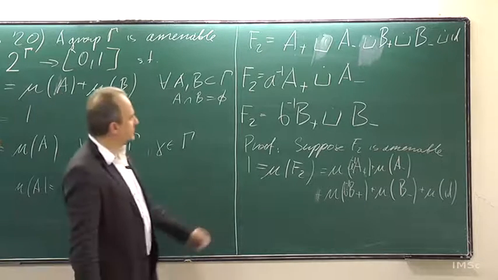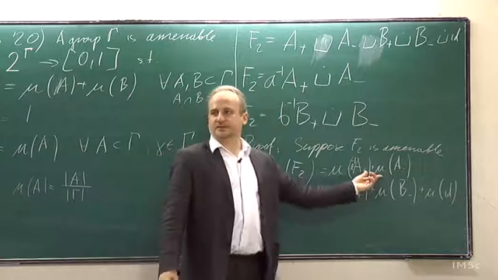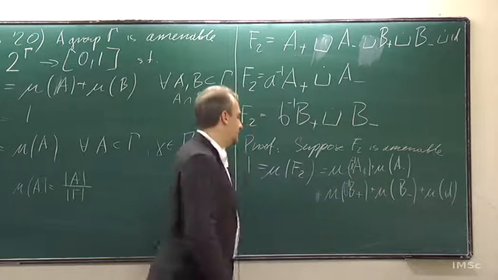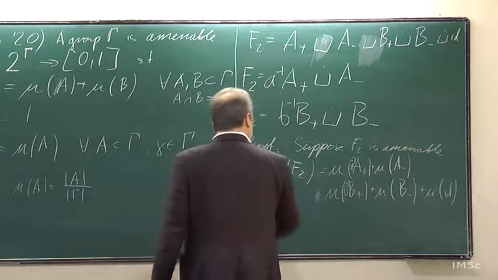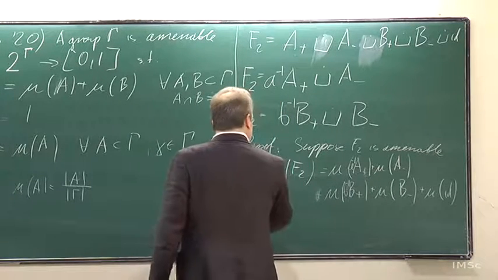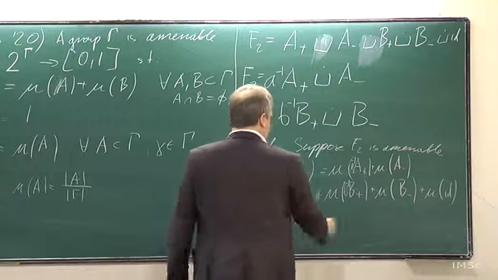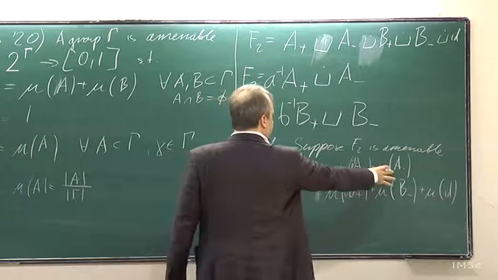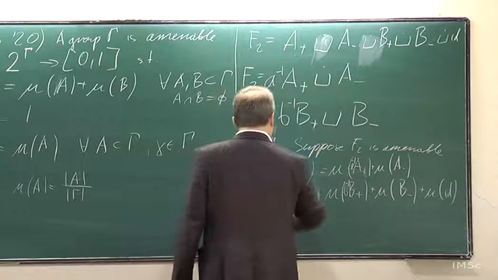And now, using again the fact that it is a finitely additive measure, we can write that this is equal to mu of the union of these 2 subsets, which is F2.